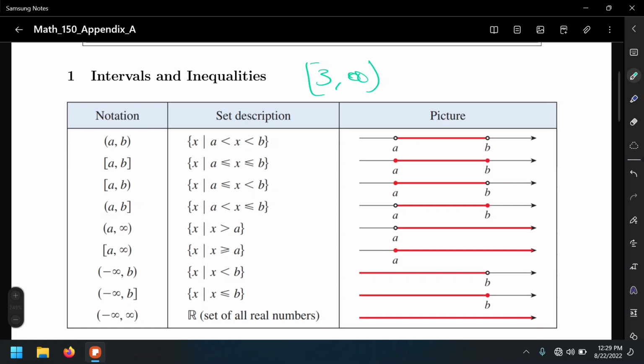Okay, so I would like to point out a very, very common mistake here. Be careful with the infinity symbol. The infinity symbol never has the bracket. And the reason for this is because infinity is not a number. It's not like I can count 1, 2, 3, 5. Oh, infinity, I'm done. That's like the upper bound. That's a closed interval. It's not. Ultimately, it's just an idea of something that never ends.